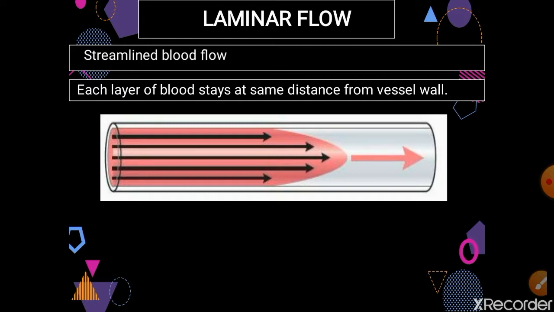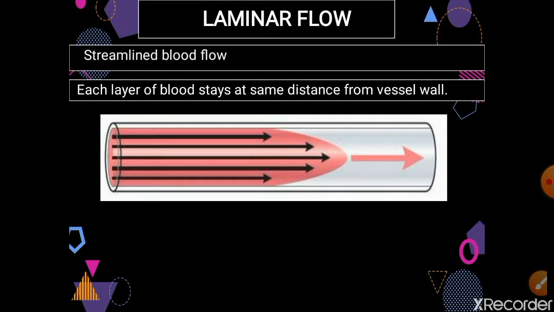Here you can see a blood vessel through which blood is flowing in multiple layers. As you can see, all the layers are moving in a straight line, and the blood from one layer does not cross over to the second layer. To better understand laminar blood flow, let's take an example of a well-organized traffic flow on a highway.